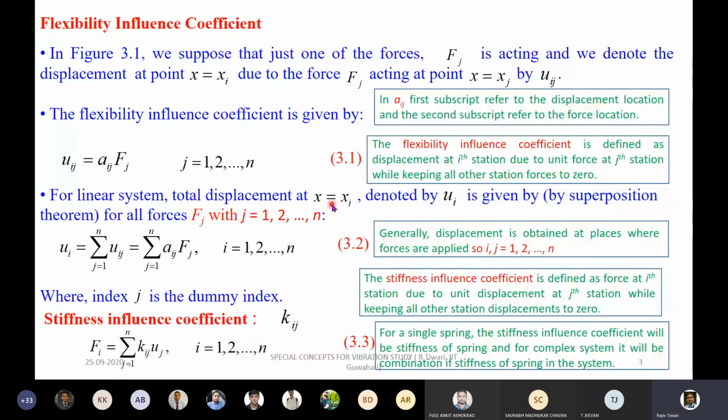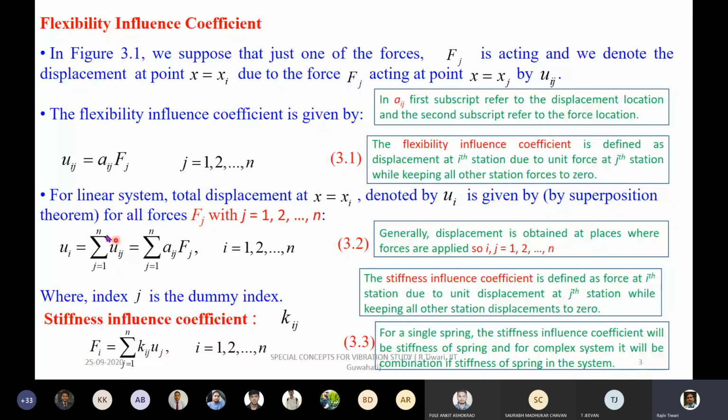So the total response at the ith location, which we represent as ui, is the total response due to all the forces in the system, that is n number of forces, and that will be nothing but the summation of all the displacements which took place because of one force applied at a time.